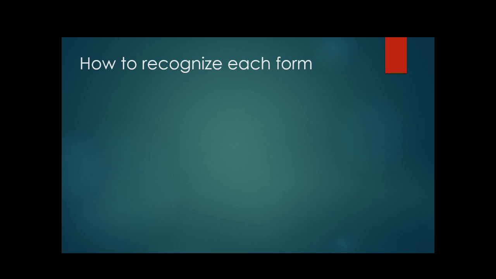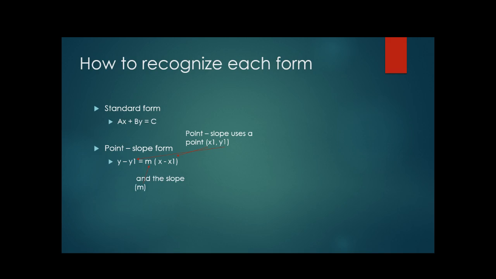So we're going to practice recognizing each form. You need to know how to recognize what form an equation is in. In standard form, both x and y are on the same side of the equal sign. That's the only one where that's true. In point slope form, it uses a point which is made up of x1 and y1, and the slope, which is made up of m.